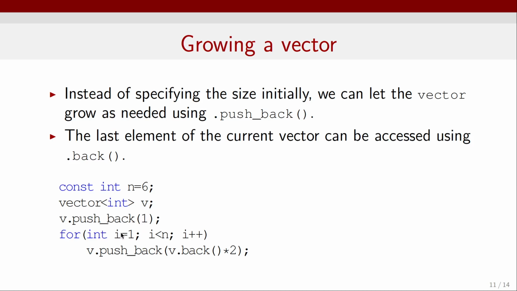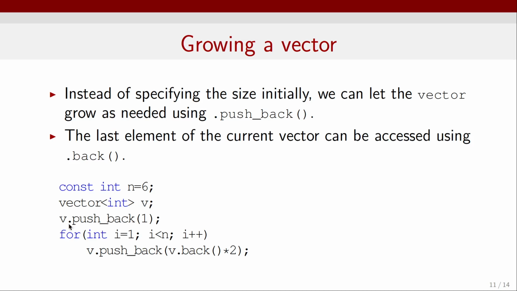Okay, now if I want to add more elements, I can do that using a for loop. In this case, remember, when I declared the vector, I didn't declare its size. I just declared the name of the vector v. I didn't specify its size or its elements. So initially, the vector v is empty.